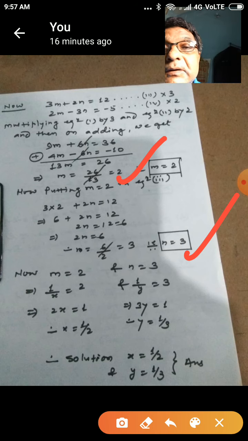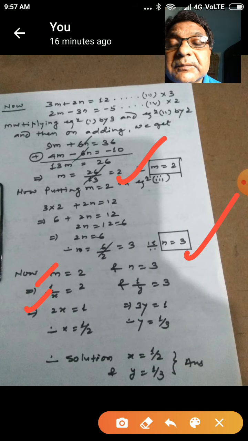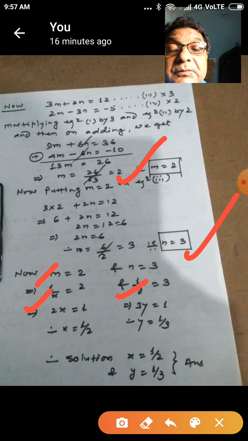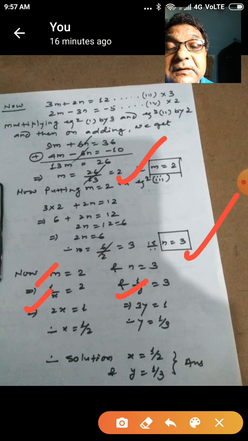Now we will substitute the values of m and n which we supposed earlier. Replacing m by 1 by x, because we supposed 1 by x as m and 1 by y as n, we again get the values of x and y, which is the solution of the given equations. So x comes 1 by 2 and y comes 1 by 3.